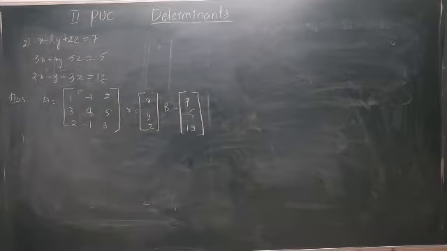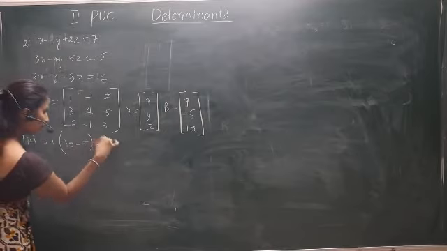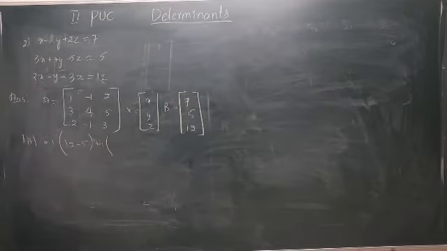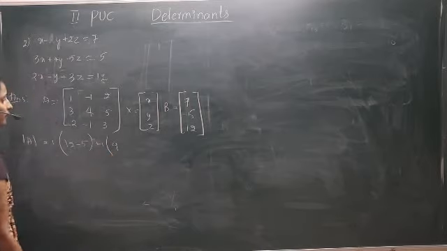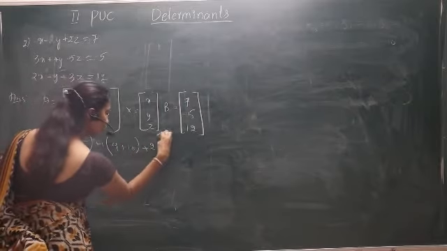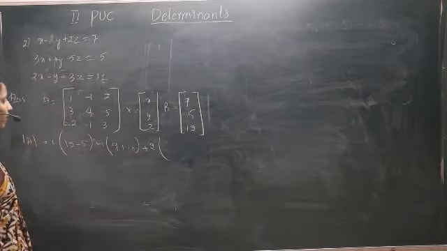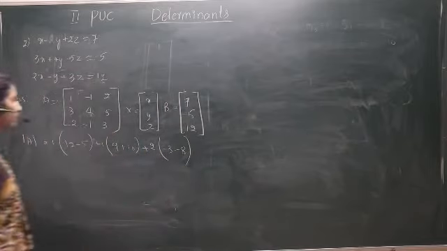Next, what we have to find out? First, we have to find the determinant value. So determinant of A, expanding along R1: 1 into 12 minus 5, plus 1 into 9 plus 10, plus 2 into minus 3 minus 8.